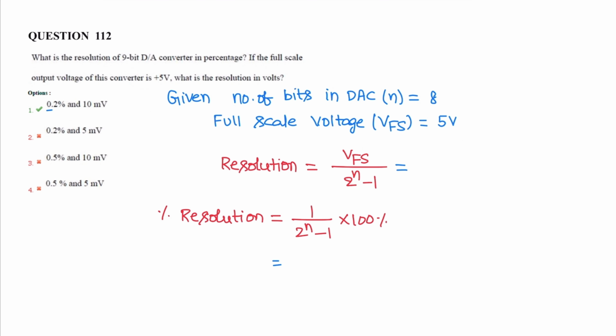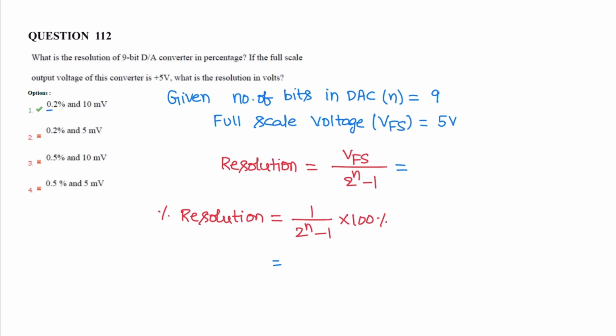Next question. Question number 112. What is the resolution of a 9-bit digital to analog converter in percentage if full scale output voltage VFS is 5 volts and the number of bits is 9.